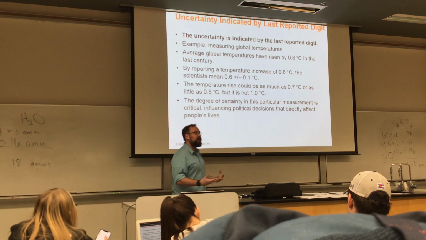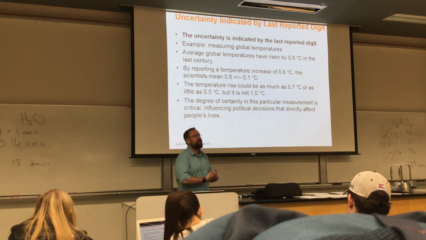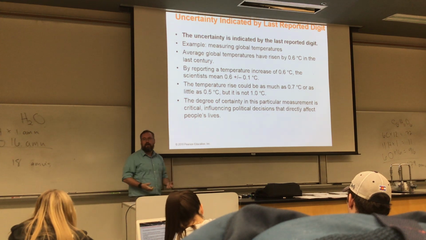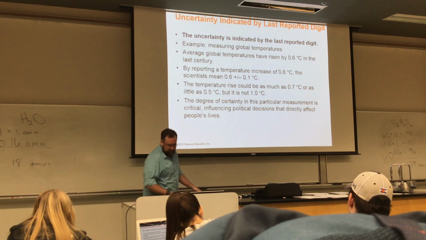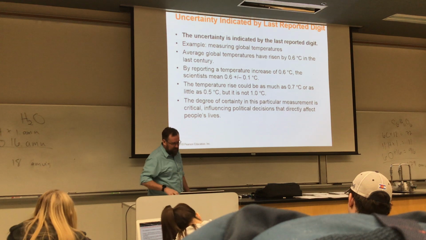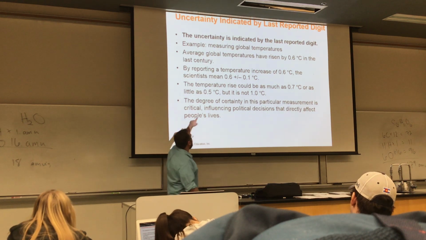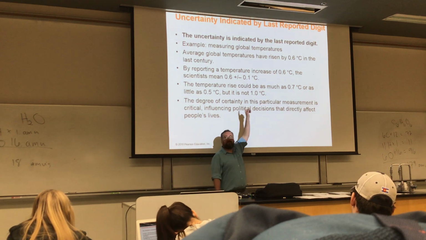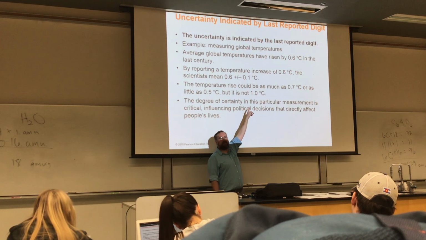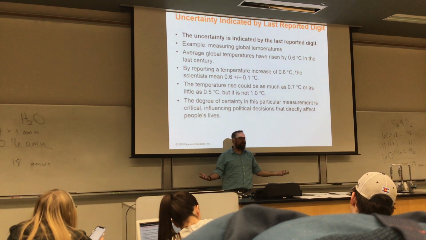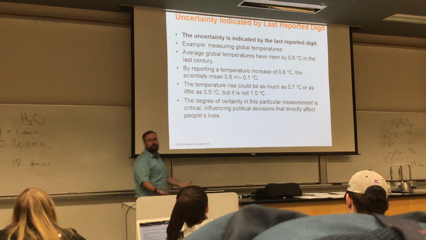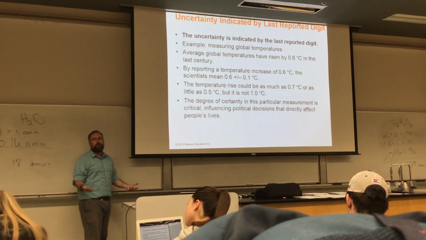And learning to recognize the uncertainty in values when they're being reported can really help us in making judgments about how much to trust the data. Because if this was 0.6 plus or minus 0.6, that could be anywhere from 0, it hasn't changed, to twice as much change as we're reporting, right?